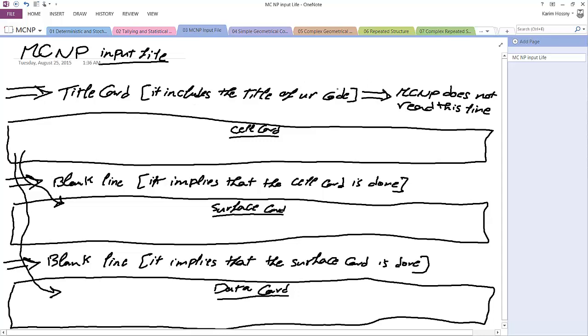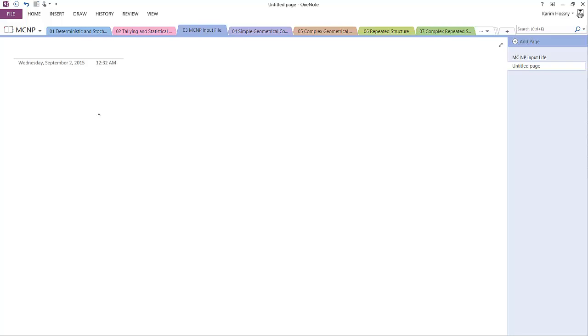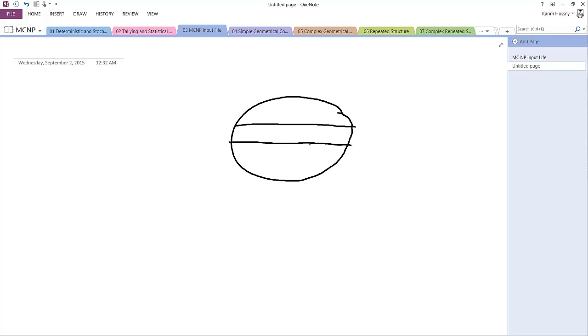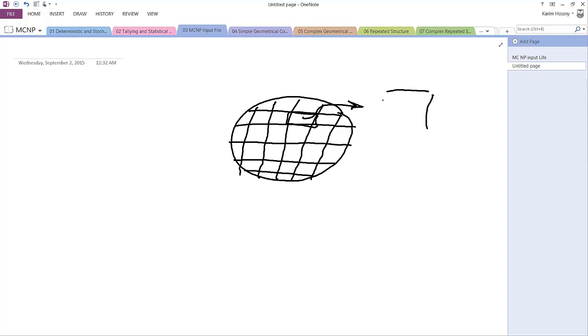What's the concept of having a cell? Let's say we have some sort of core which consists of different assemblies or similar assemblies. This core is considered a complex structure. This is the assembly, consists of fuel rods.